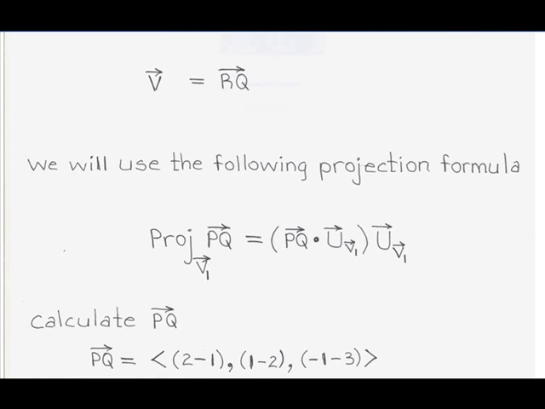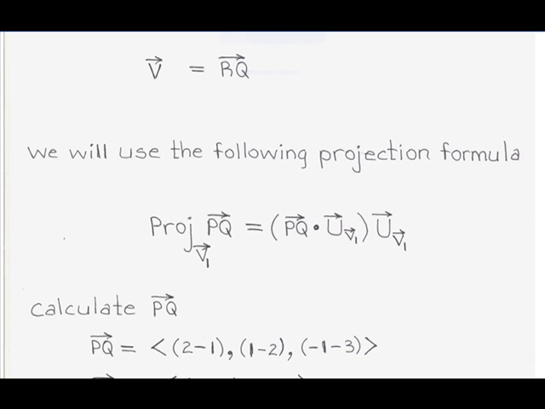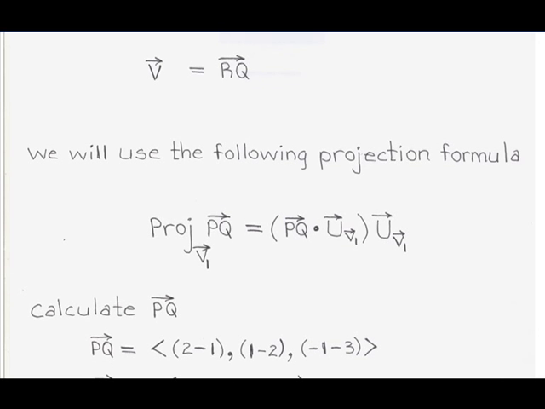Now, we will use the following projection formula in order to do our calculations. If you saw the introduction video that I have, this will make more sense to you. We're going to use this formula: the projection of vector PQ onto vector V1 is equal to the dot product of vector PQ with the unit vector of vector V1 times the unit vector of vector V1.